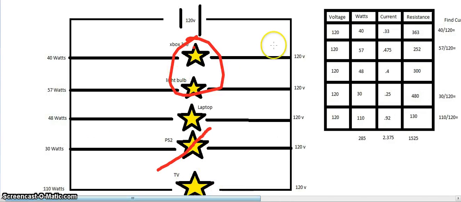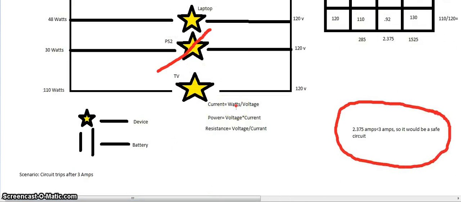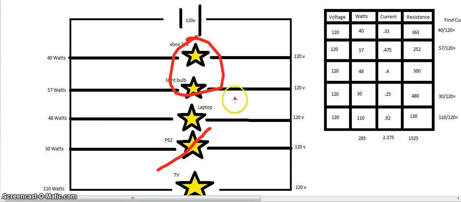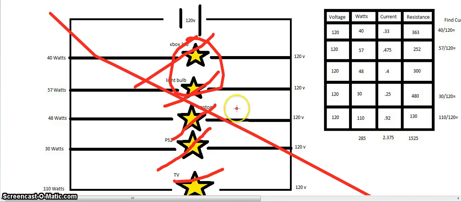I don't know if that's a good example, but I don't even know if I'm understanding that right. I think I am. I don't think this is a good example, but the general idea is there. So if this goes down, I can go do something else. But in a series circuit, if this goes down, so does that, so does that, so does this, and the whole thing's trash.